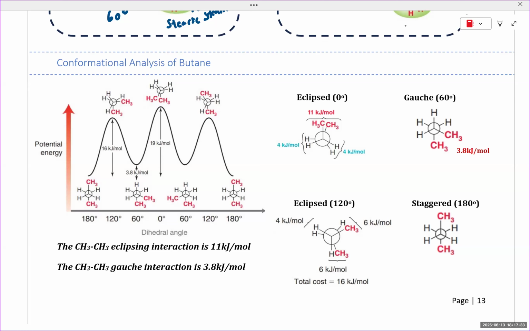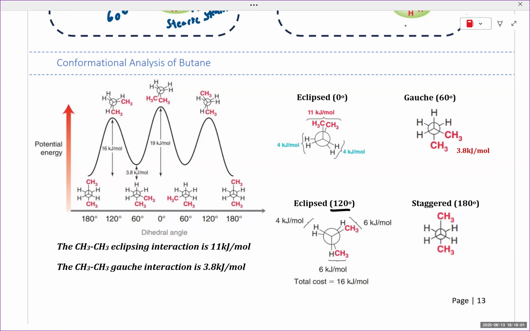That's really going to depend on the dihedral angle and the exact nature of the interaction between substituents. Generally, when you have multiple substituents on each of your 2 carbons across a carbon-carbon bond, you're going to see different energy eclipsed interactions and different energy gauche and staggered interactions.